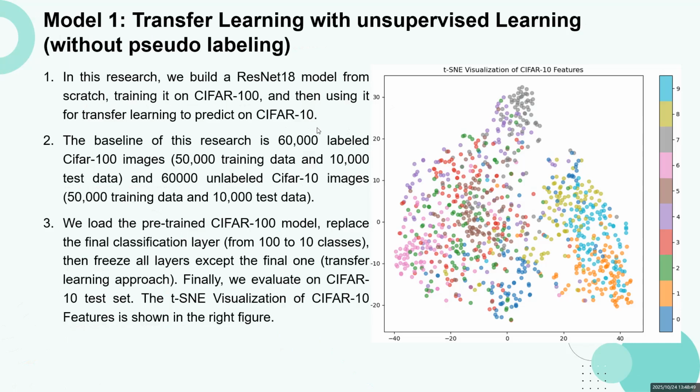The baseline of this research is labeled CIFAR-100 data and unlabeled CIFAR-10 images. We load the pre-trained CIFAR-100 model, replace the final classification layer from CIFAR-100 to 10 classes, then freeze all layers except the final one.